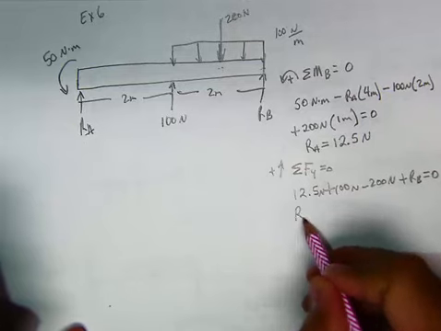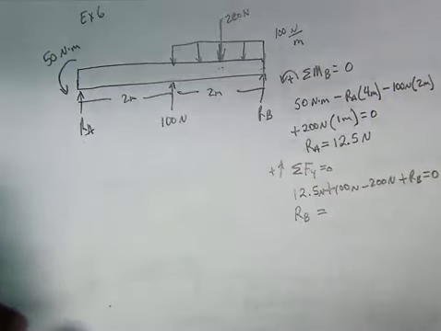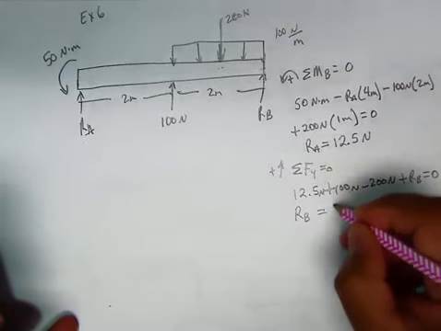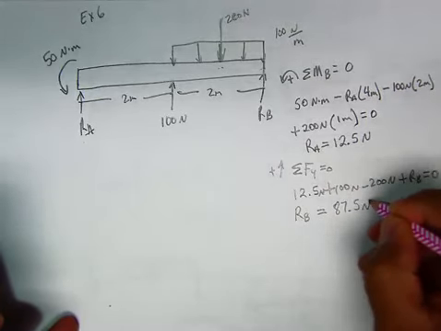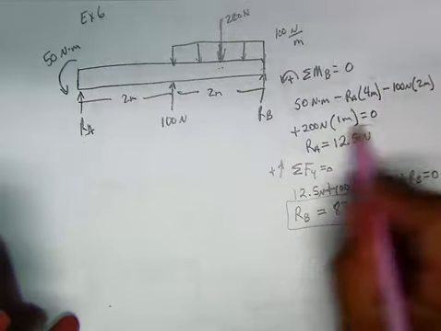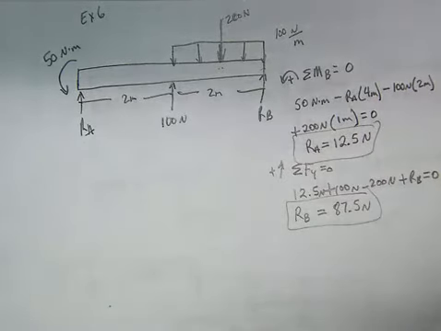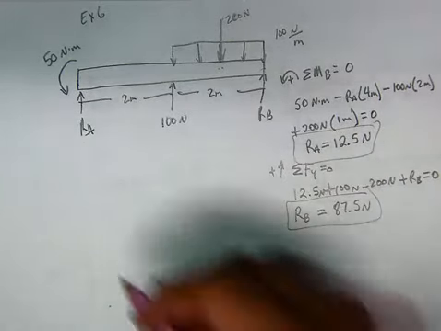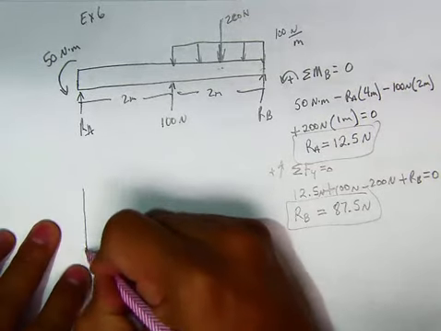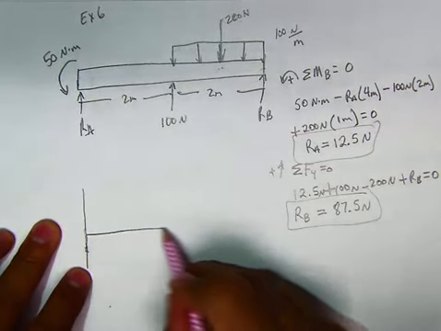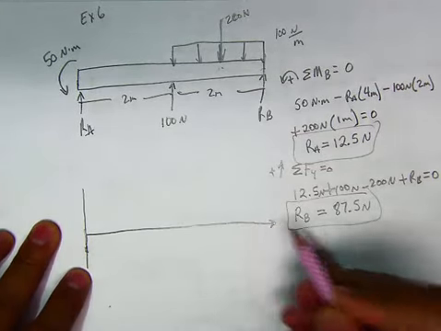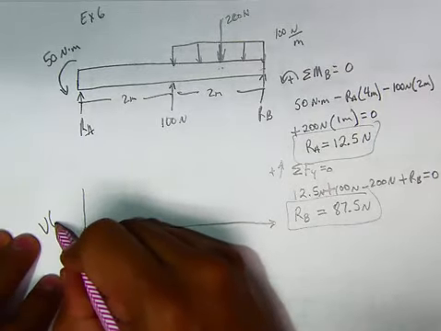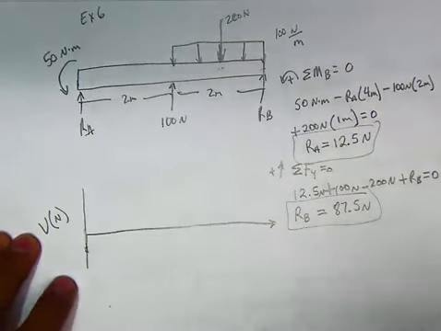And this gives me a value of RB equal to 87.5 newtons. So these are my reactions. All right. So this is how simple it is, guys. I think the part that takes you the longest is for you to find out what your reactions are, believe it or not.